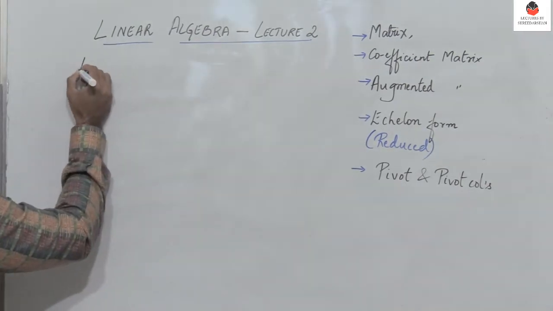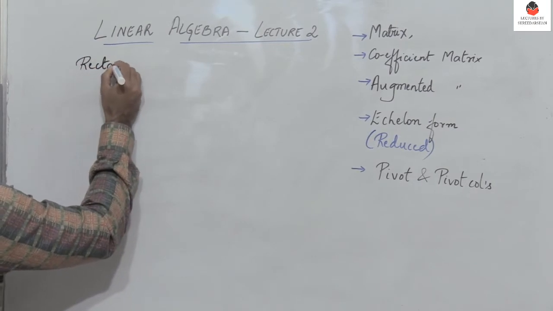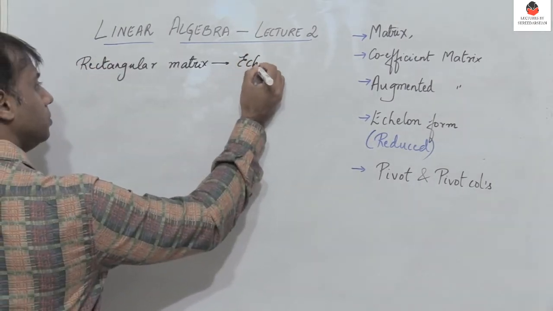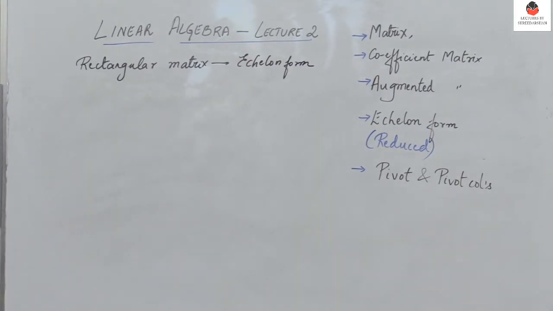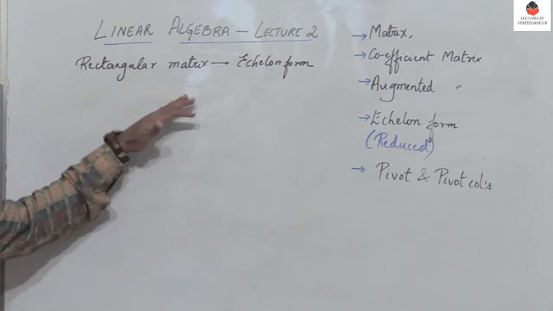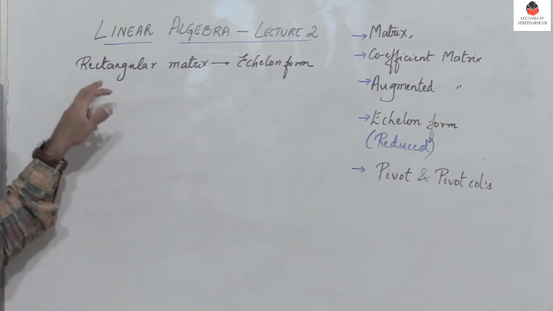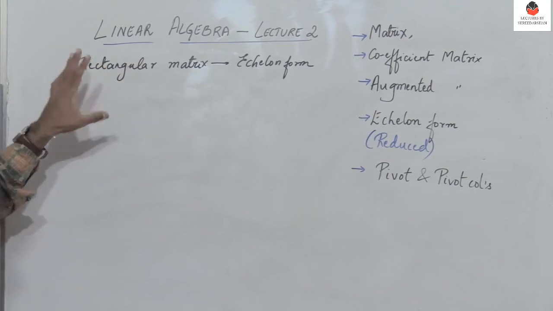Now how do I convert a rectangular matrix into an echelon form, or specifically the row echelon form? There are three important points which we need to remember. The echelon form applies to any rectangular matrix or a square matrix, so we refer to a rectangular matrix in general.